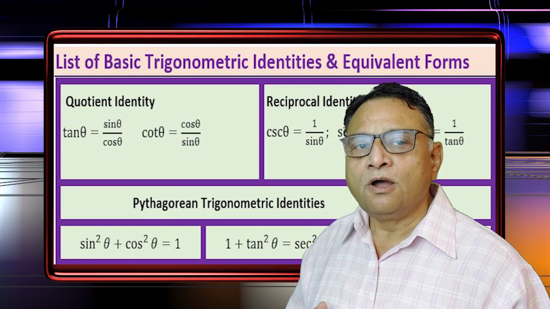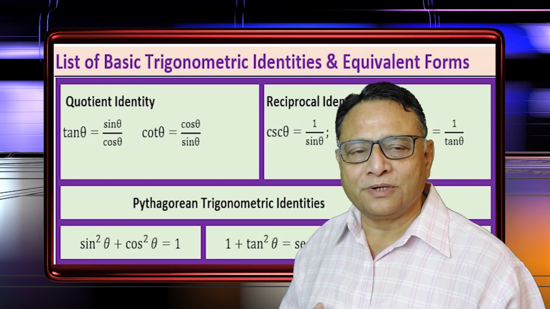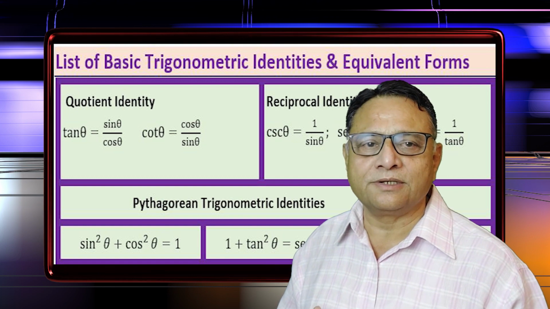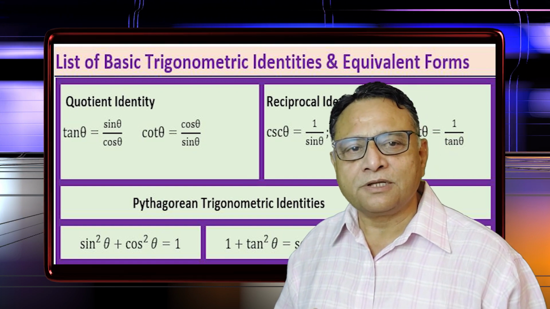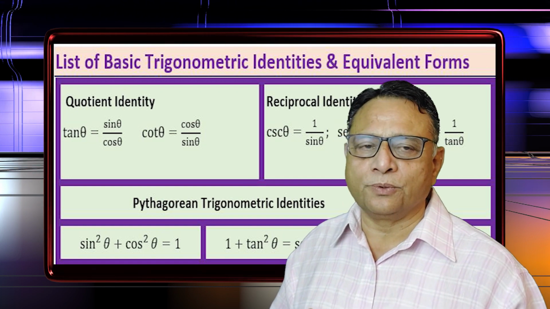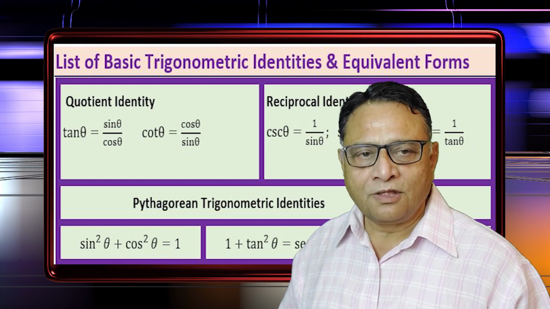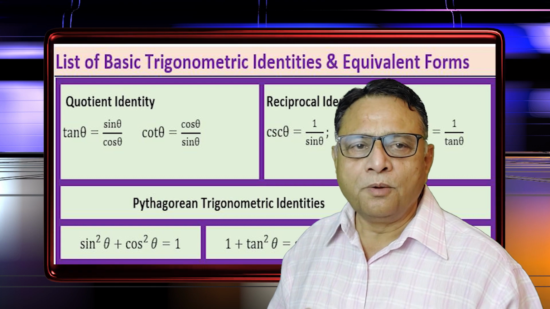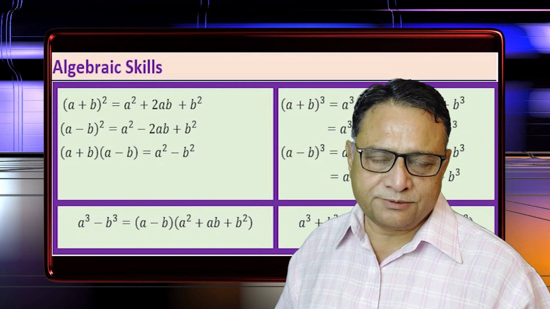Pythagorean identities: sine square theta plus cos square theta is 1, 1 plus tan square theta equals secant square theta, and 1 plus cot square theta is cosecant square theta. Using these identities, we can actually prove most of the identities.